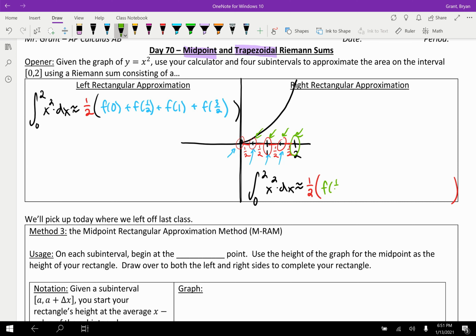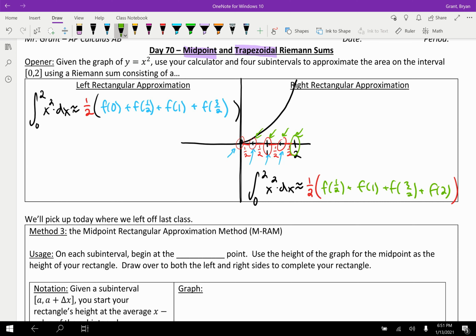So f of 1/2 plus f of 1 plus f of 3/2, and we end on the right endpoint, 2, having excluded that left one. And there we go. Now, how do we find their actual values? Well, the equation is x squared, so it really means plug 0, 1/2, 1, and 3/2 into x squared, but we can be a little bit more efficient with our calculators.